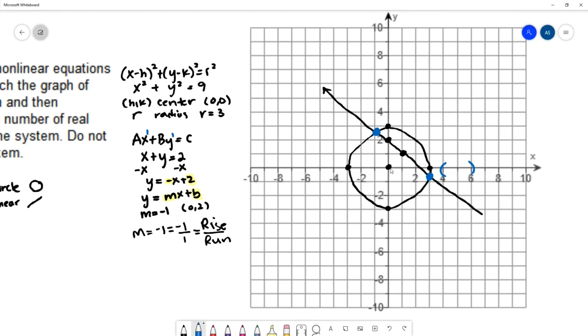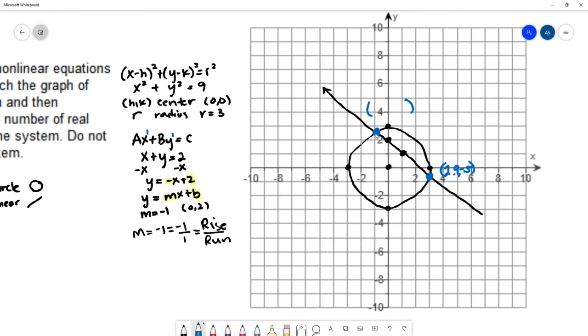So looking at the x-coordinate, it's in between 2 and 3, closer to 3. So let's say 2.9. And the y-coordinate is in between 0 and negative 1. So let's say negative 0.5. Remember, this is just an approximation. It's not the exact answer.